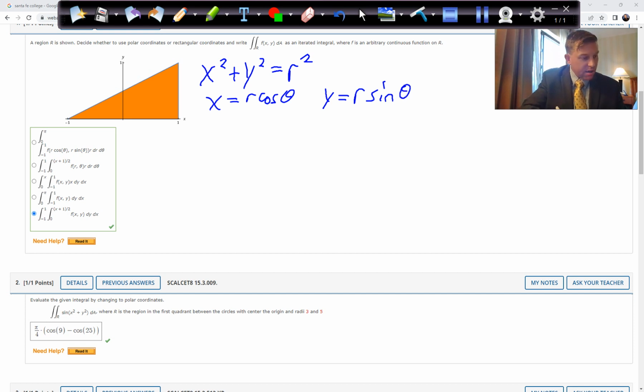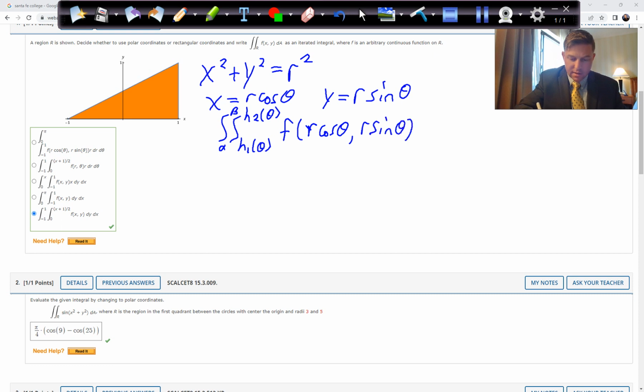And the integral becomes, in polar coordinates, we have some alpha, beta, and we have some h1 as a function of theta, h2 as a function of theta, and it's going to be the function. Instead of x, we put r cosine theta, and instead of y, we put r sine theta, and we have r dr d theta.